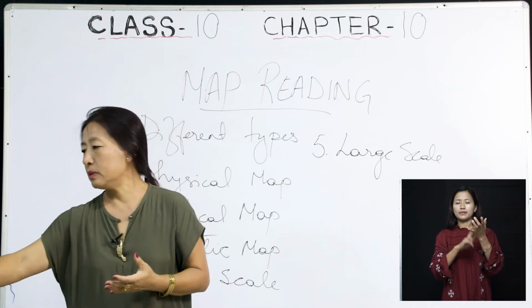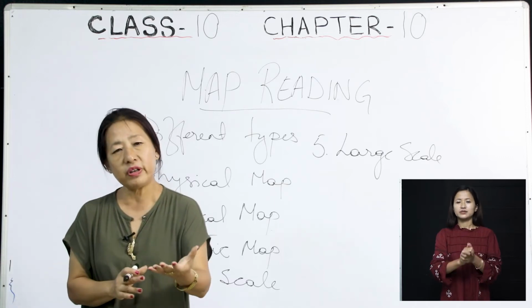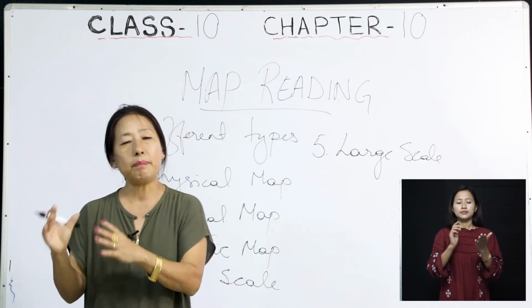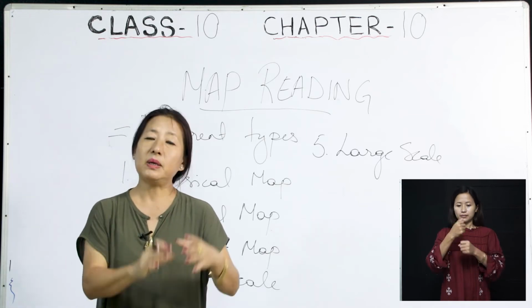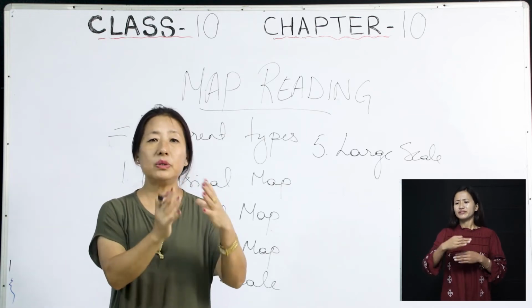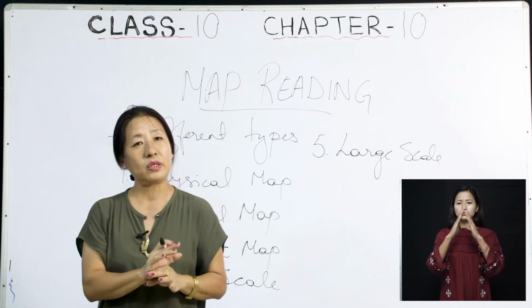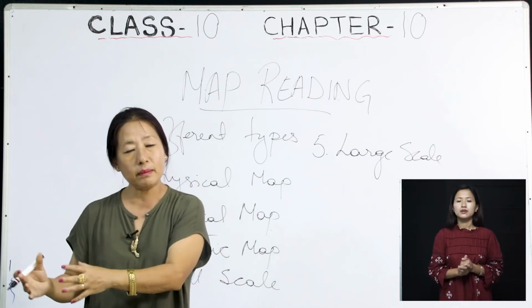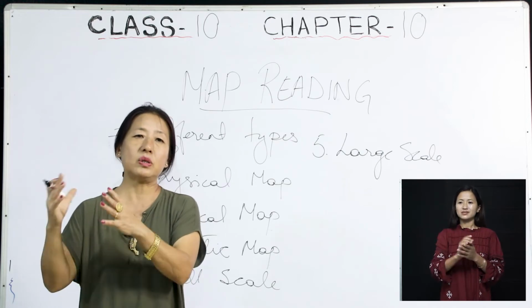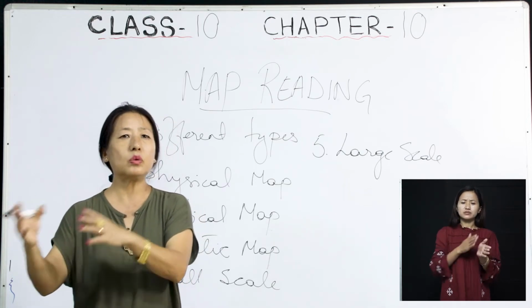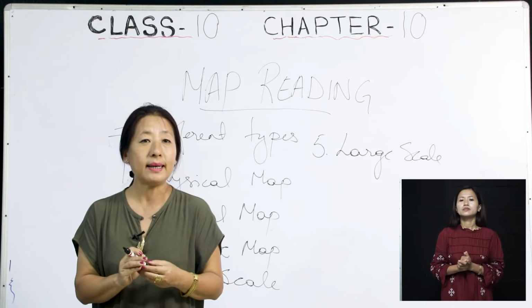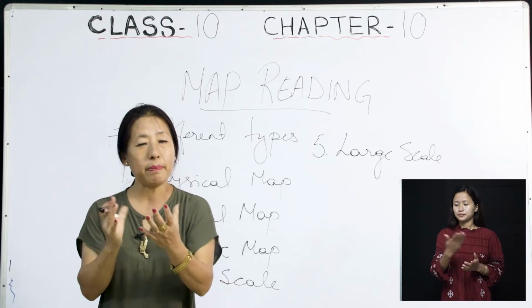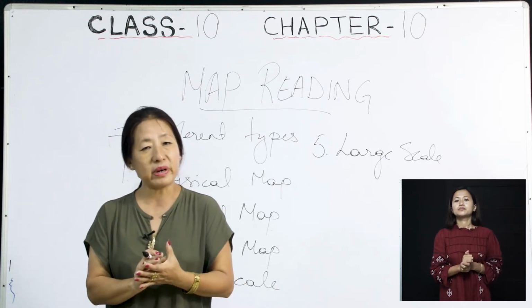Got it? That means mountains, rivers, those are called natural, so all those will also be there, plus man-made features, meaning industries, roads, railways, all those will also be depicted in that map. So those maps are called the topographical map.